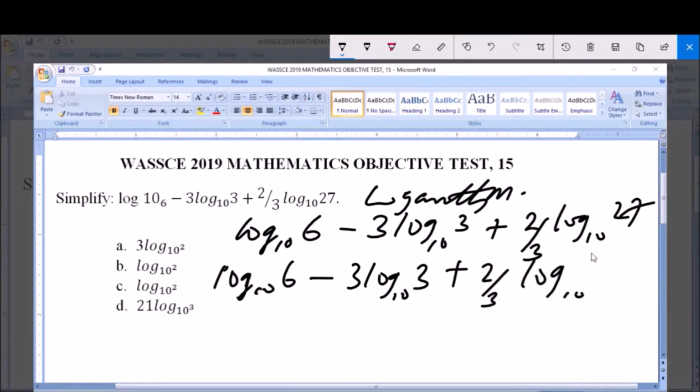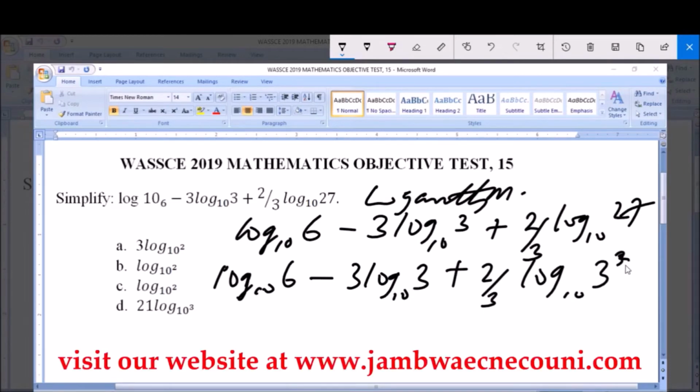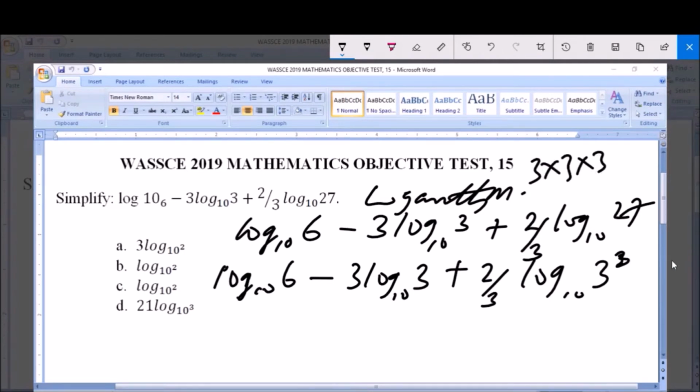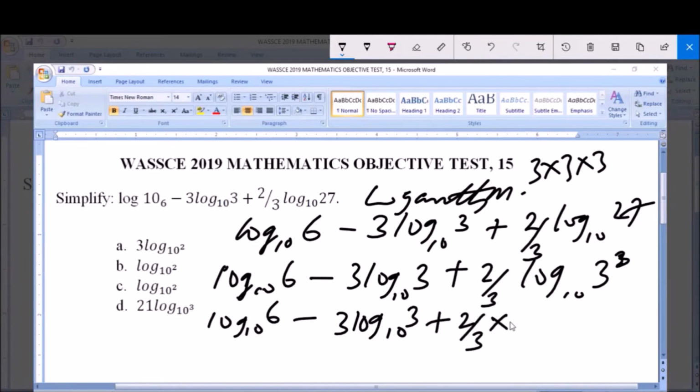Now log 27 becomes 3 raised to the power of 3. You agree with me that 3 raised to the power of 3 is the same thing as 27. That's 3 times 3 times 3. 3 times 3 is 9, 9 times 3 is 27. So this is how we get it. When we simplify further, we'll have log 6 base 10 minus 3 log 3 base 10 plus 2 over 3 multiplied by 3 log 3 base 10.